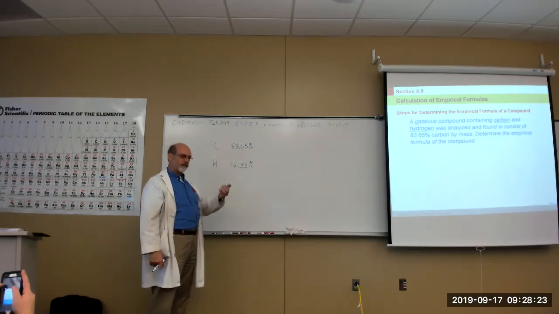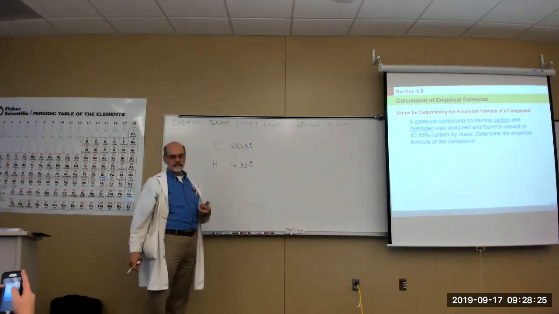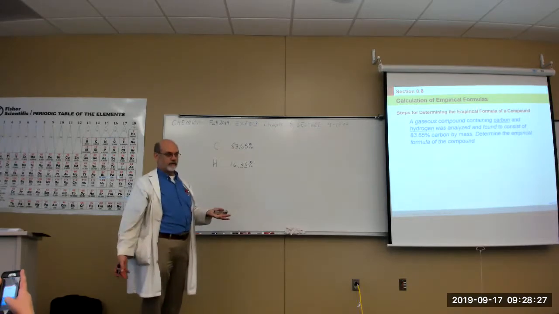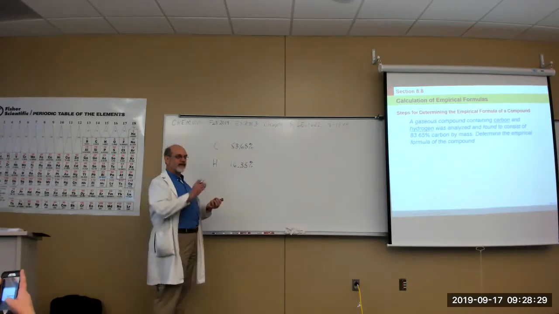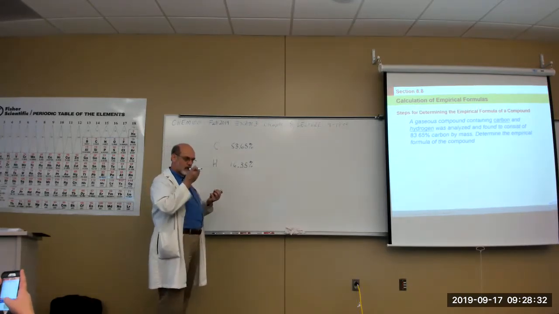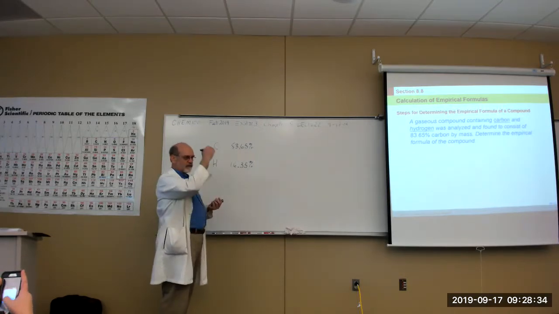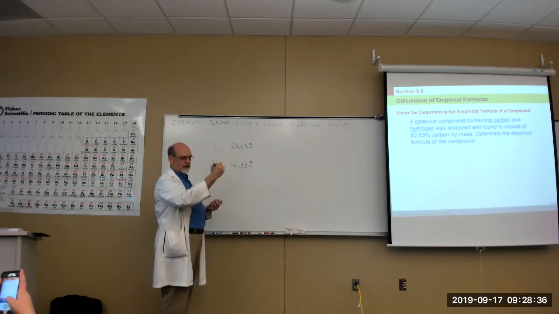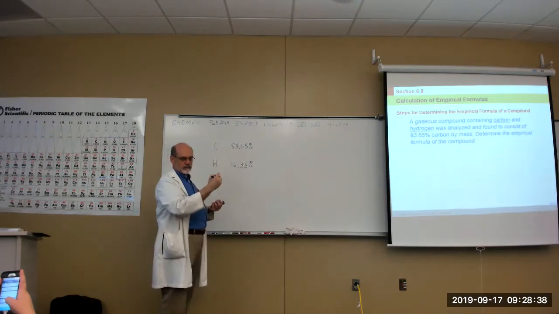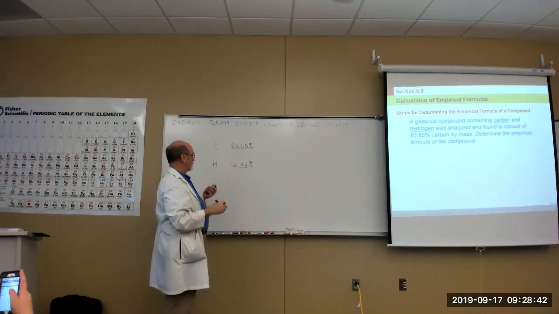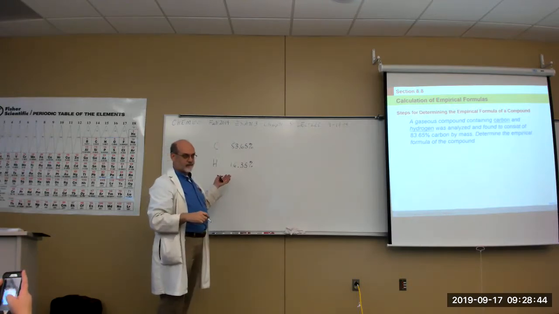So if it's grams per 100 grams, the grams cancel. You don't know what the units are, right? So that's why we have to say, when we say percent, what does percent mean? Is it mass per mass? Is it mass per volume? Is it volume per volume? Okay. In this case, it's mass.